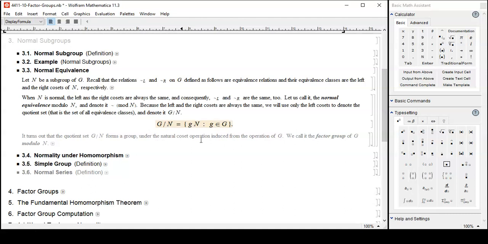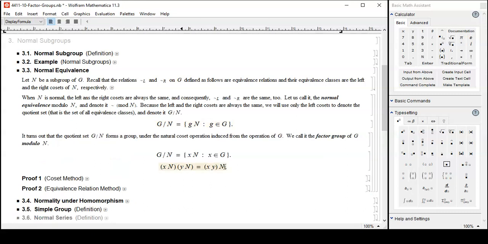Now in this quotient set, in other words, the set of all cosets, we can induce an algebraic operation like this: xN times yN is xyN, and this x times y is the group operation in G. So this operation here, if it is well defined, is an operation induced from G.